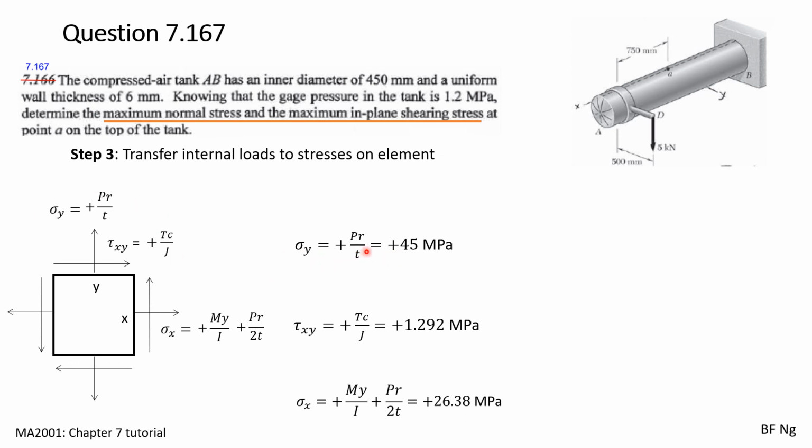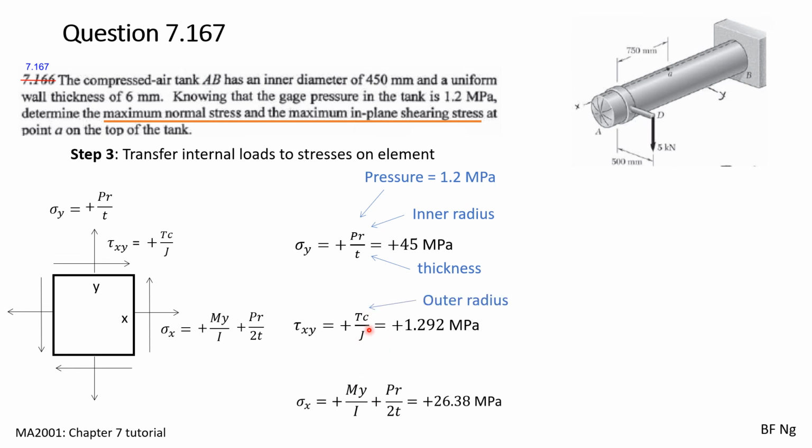For sigma y is PR over T, where P is the pressure given in the question, R inner radius of the compressed air tank, T the thickness of the skin of the compressed air tank. For tau xy as well as sigma x, these are the equations we obtained earlier.